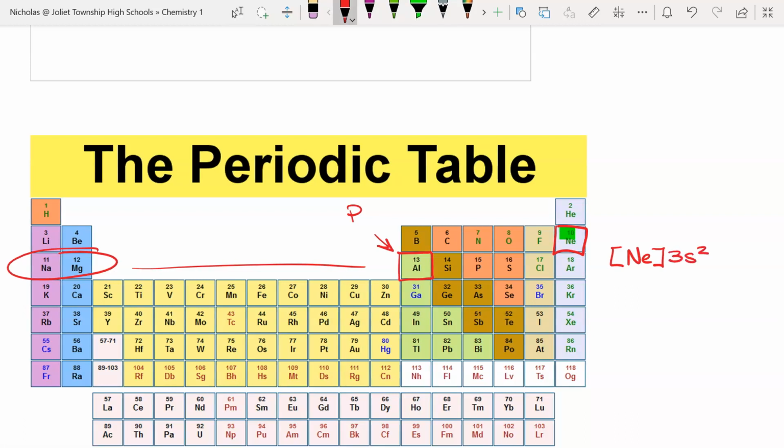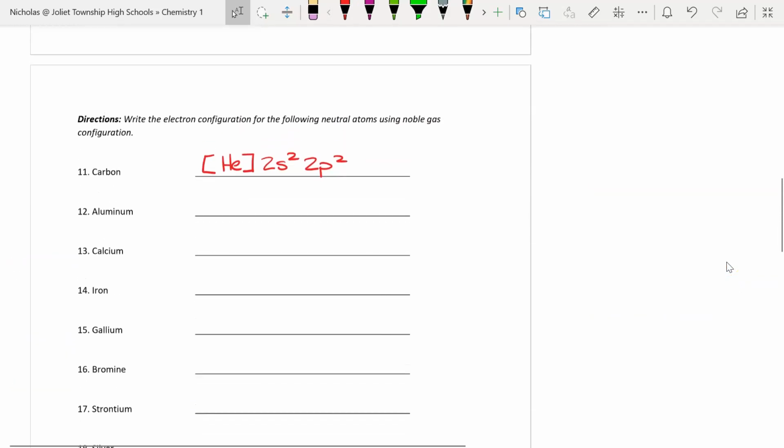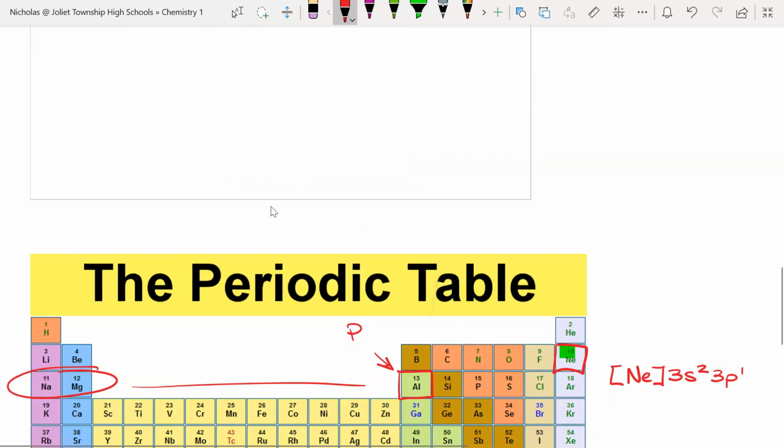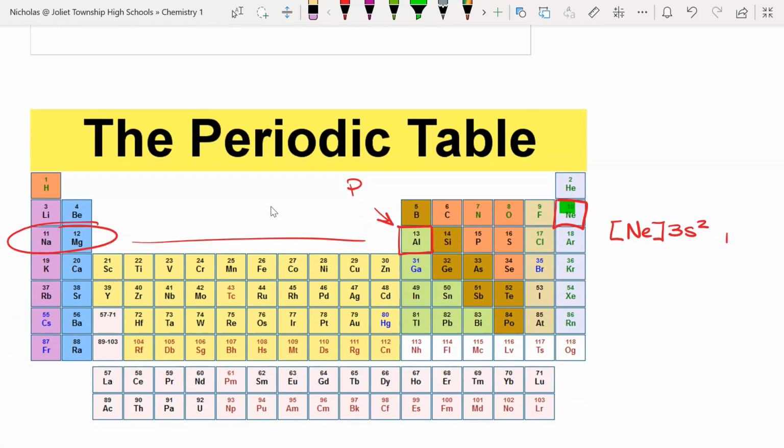And then aluminum is the first part of the P block, so this is going to be 3p1. So let me go fill this in on my chart here. This is going to be neon, 3s2, 3p1. All right, let me go clear this off, and then we'll look at the next one.